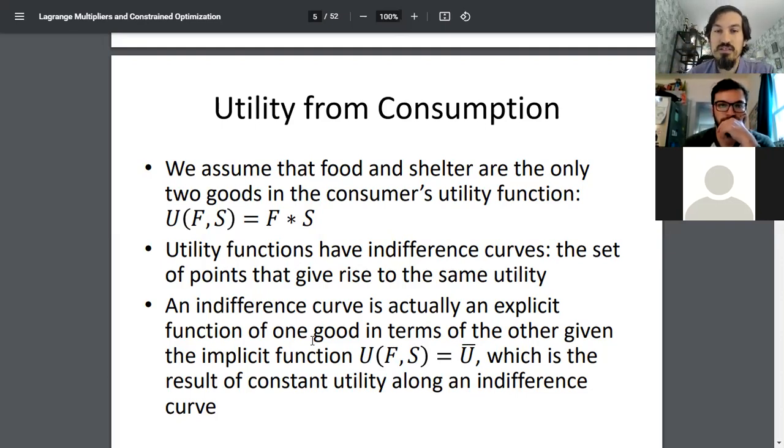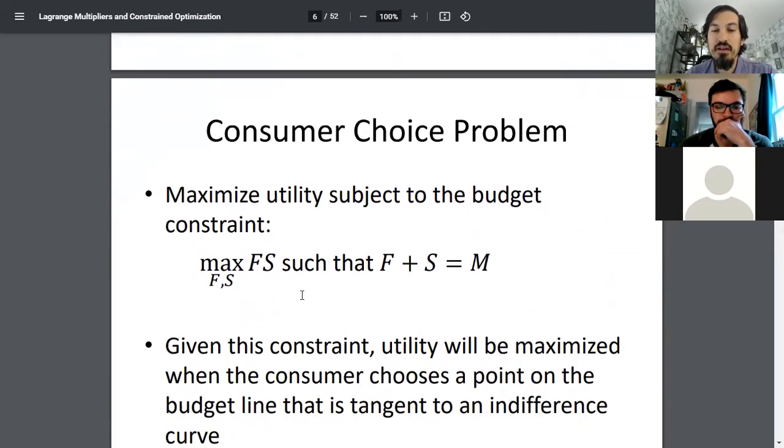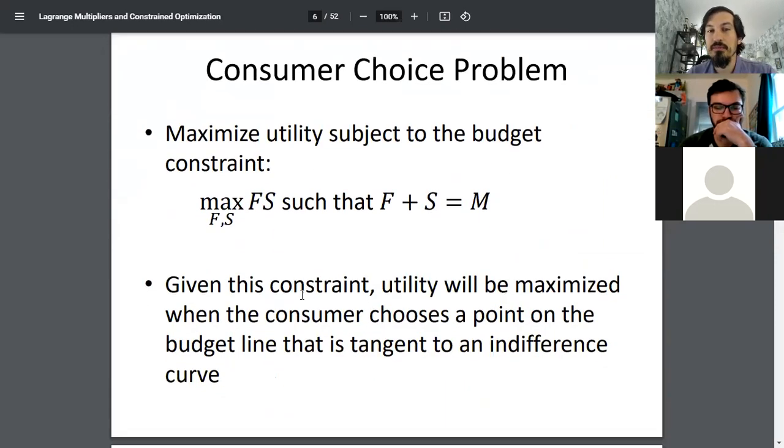Okay, this is all just to talk about this example of optimization. So here is the consumer choice problem. Let's maximize utility subject to the budget constraint. Before, our problems would have just ended there, right? Maximize f and s, and the objective function is f times s.